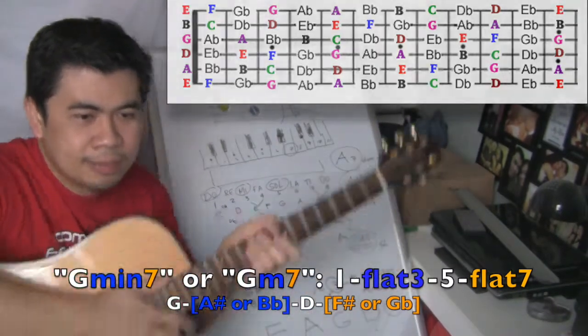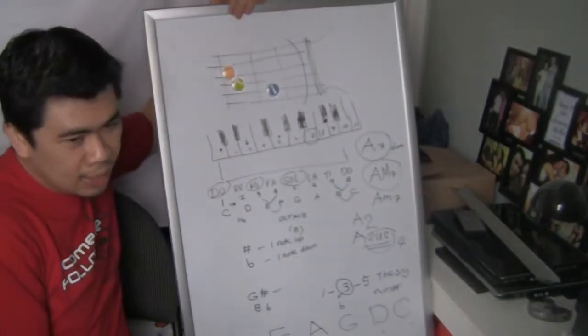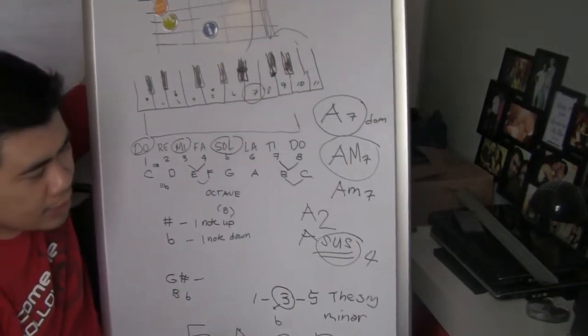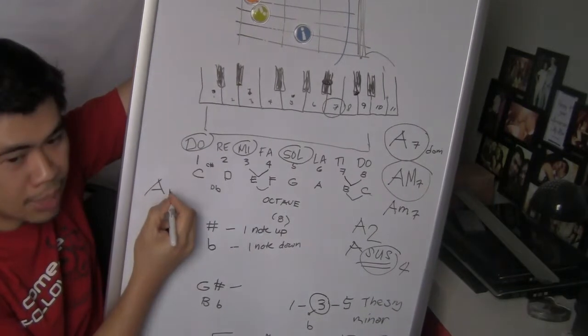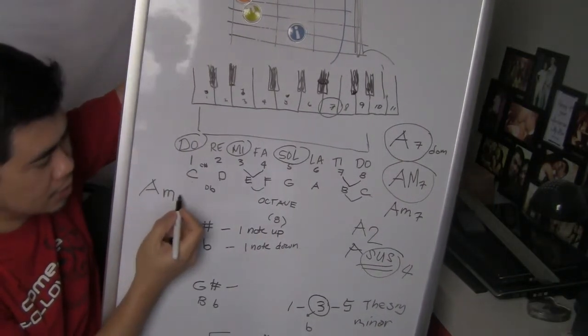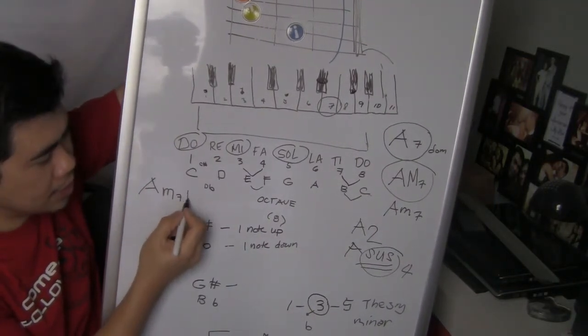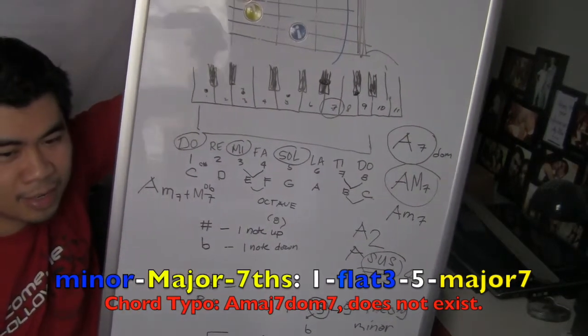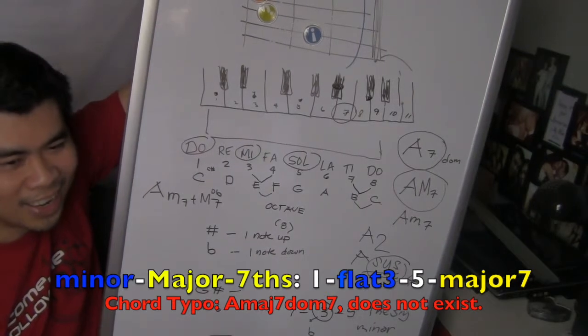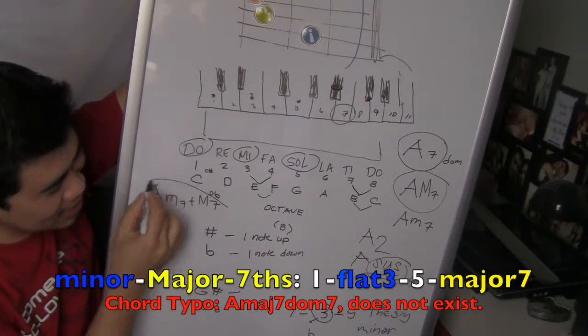Make sense? And remember, Von put a chord like this: A minor 7 plus major 7. How would you do that?